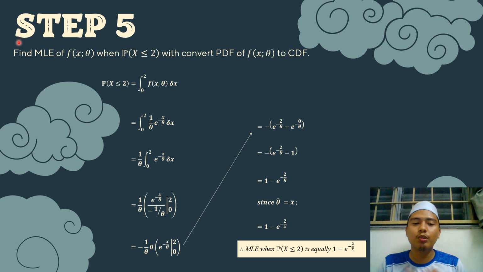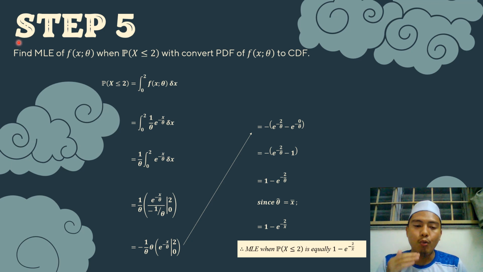Okay, we move to the final step in this question, which is step 5. In this step, we focus on finding the MLE, or maximum likelihood estimate, of the function. We need to find the MLE when the probability of x is at most 2. So we need to use integration to convert the PDF to the CDF.